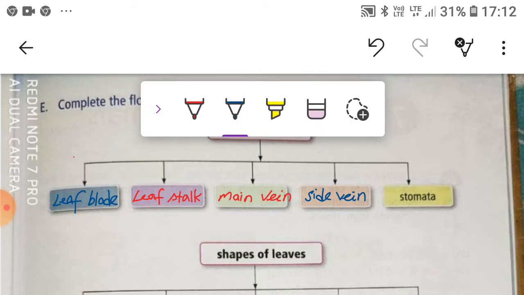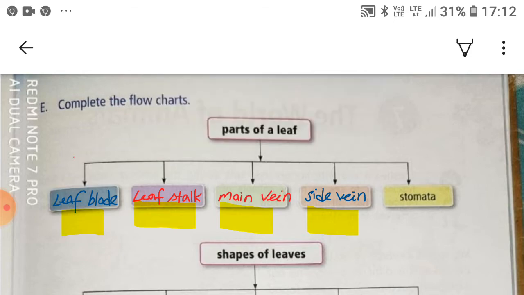Second, leaf stalk, main vein, side vein, and stomata.